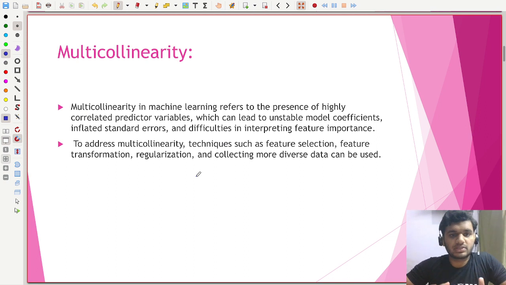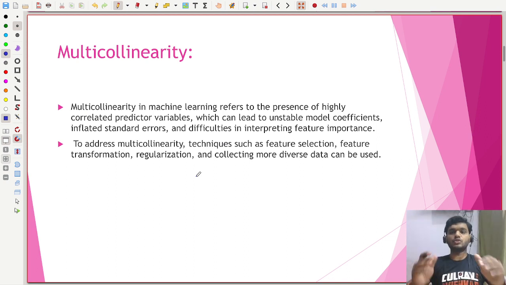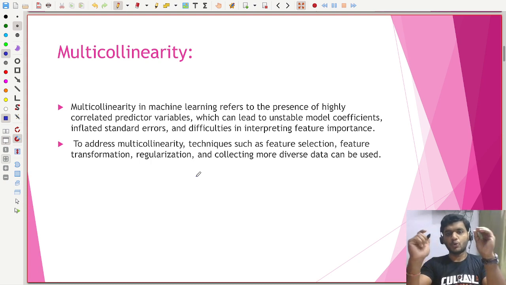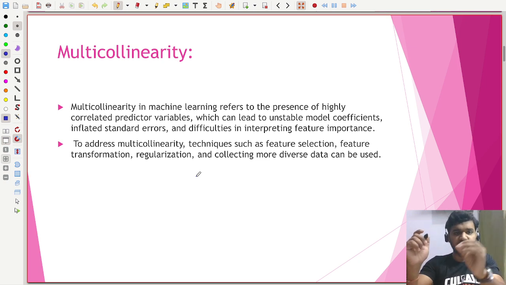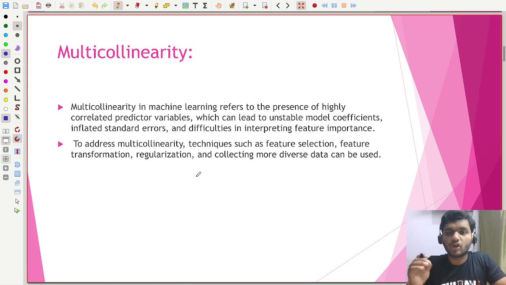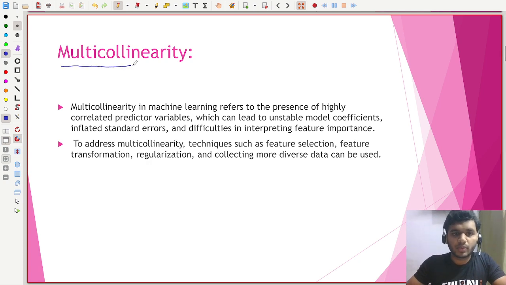So, what is multicollinearity? Multicollinearity in machine learning refers to the presence of highly correlated predictor variables, which can lead to unstable model coefficients, inflated standard errors, and difficulty in interpreting feature importance.